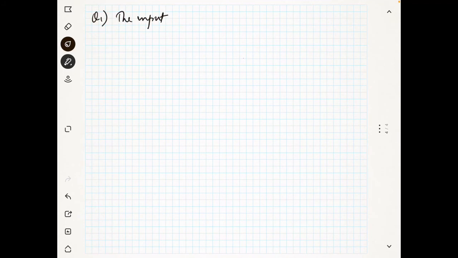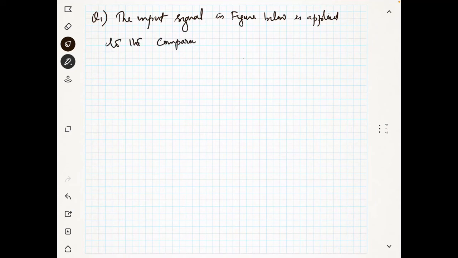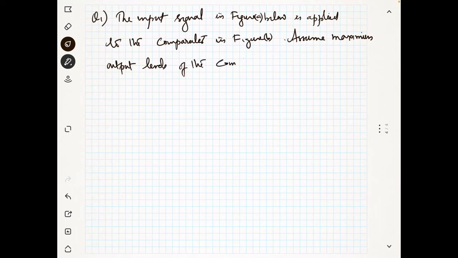The input signal in figure A is applied to the comparator in figure B. Assume the maximum output levels of the comparator are plus or minus 14 volt.